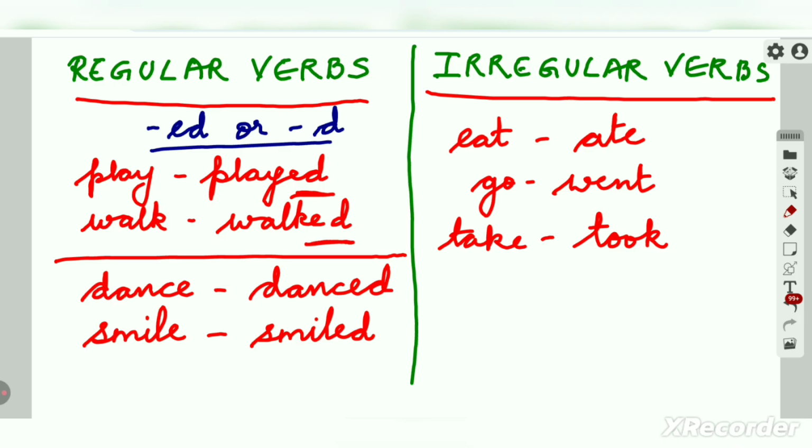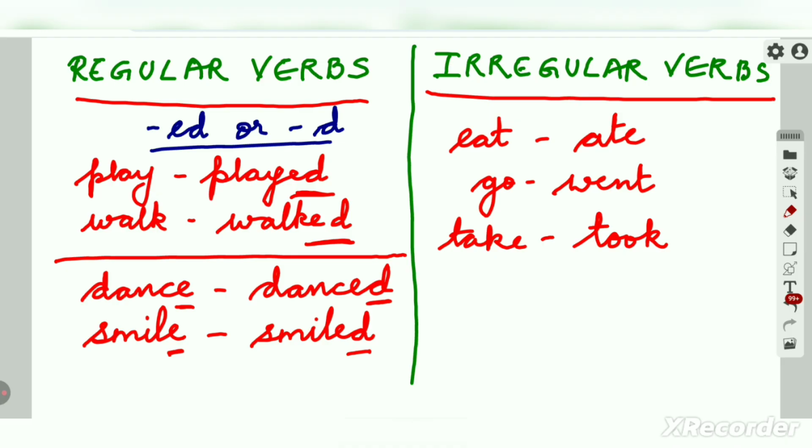Walk, walked. There are also some verbs that form the past tense by adding only d. Those are usually the verbs that end with the letter e. To form the past form, we just add d. Like in dance, danced, smile, smiled.